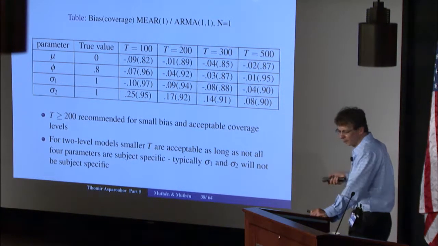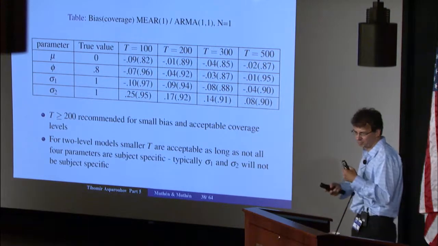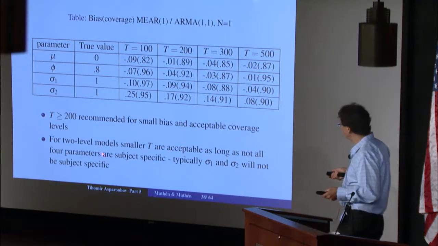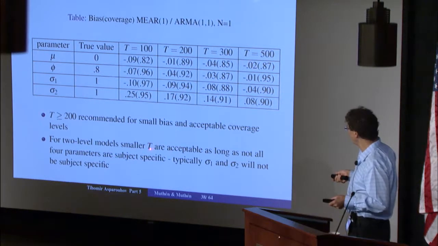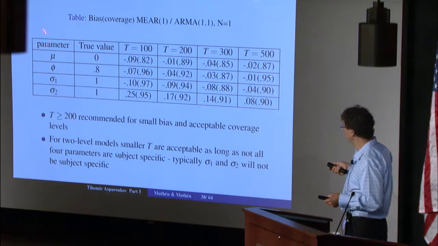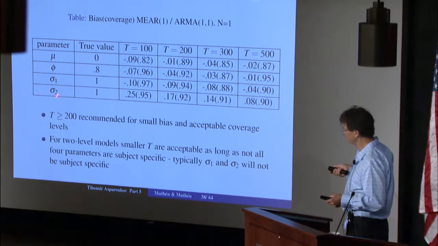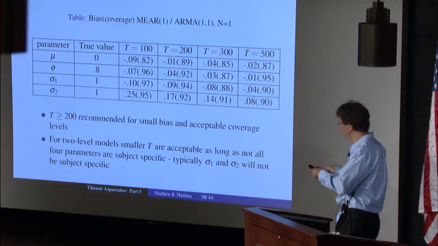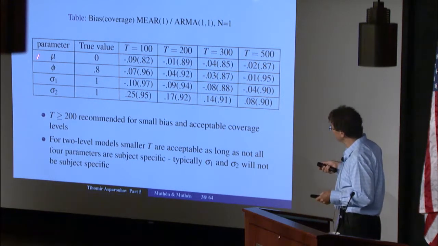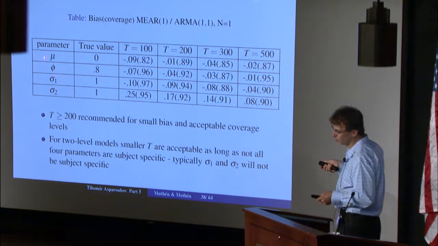Luckily, for two-level models, which are most of our interest, this requirement for the time points is not needed, because we're not generally going to estimate those parameters as individual specific for each cluster. In a typical application, some of these parameters are going to be random and cluster specific, but not all four of them.